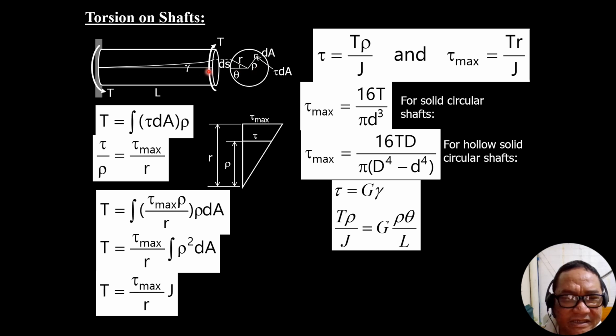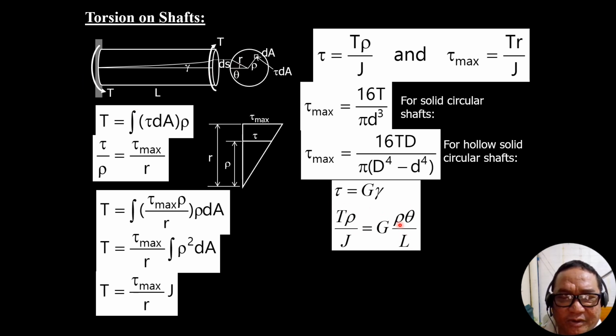Then the original length is L. So this shear strain is defined as rho theta, the displacement of this arc, divided by length L. So that's the shear strain.